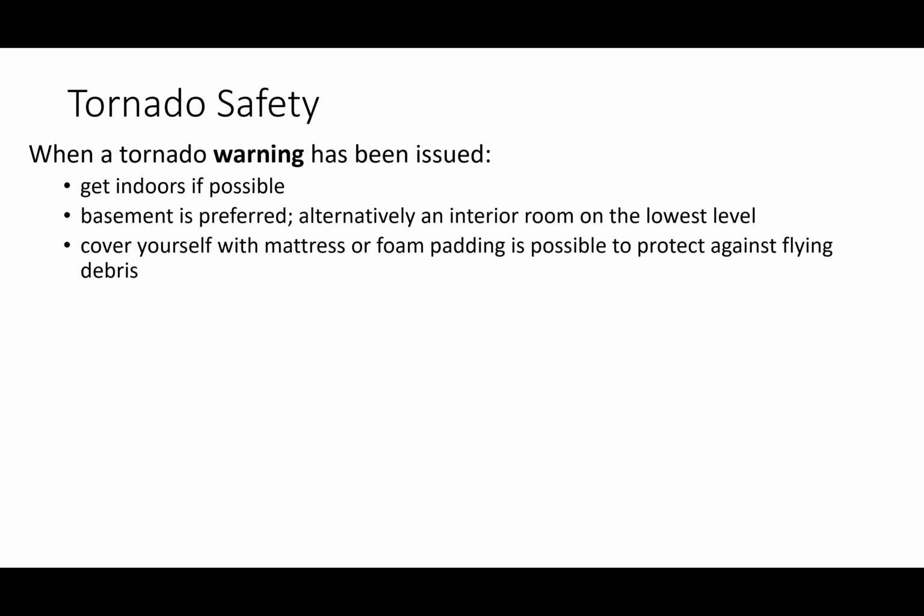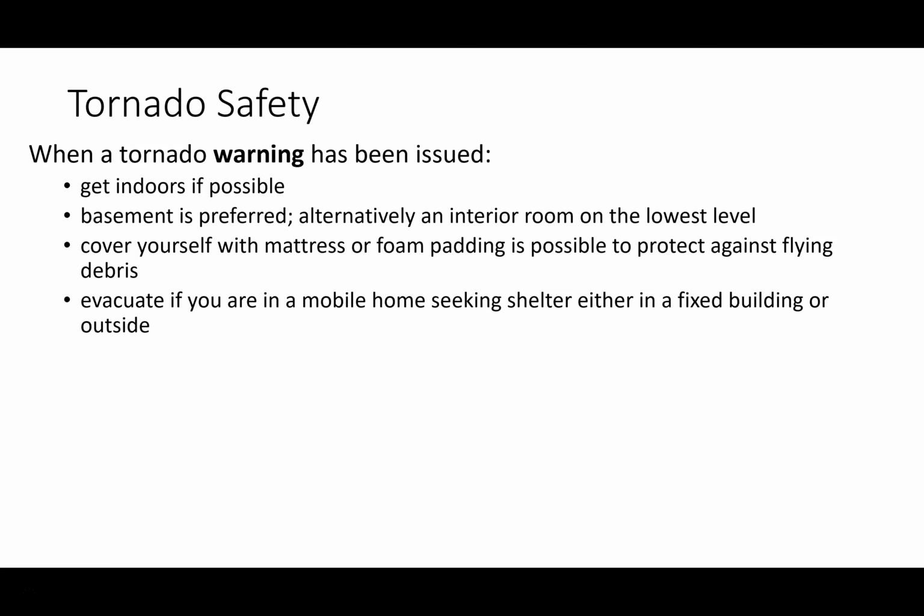She lives in a double wide, and if you are in a mobile home, you're supposed to go outside. Seek shelter in a fixed building or outside. I don't know if I'm going to convince you of that. If you're driving a vehicle, get off the road, get out of your vehicle, and seek shelter.